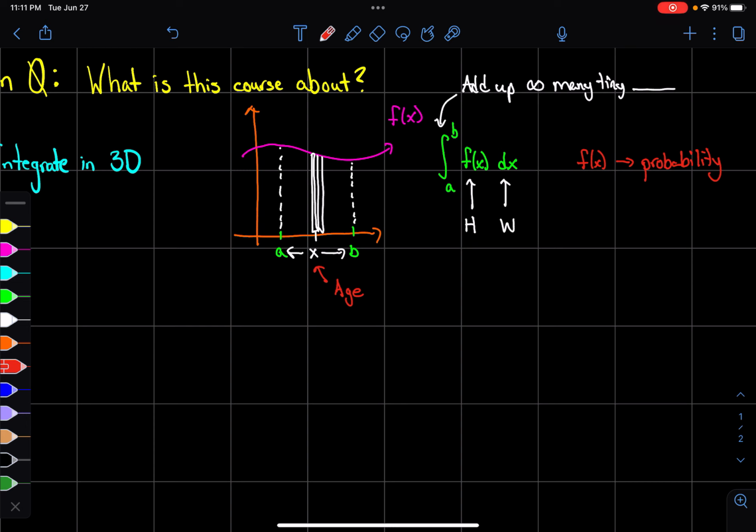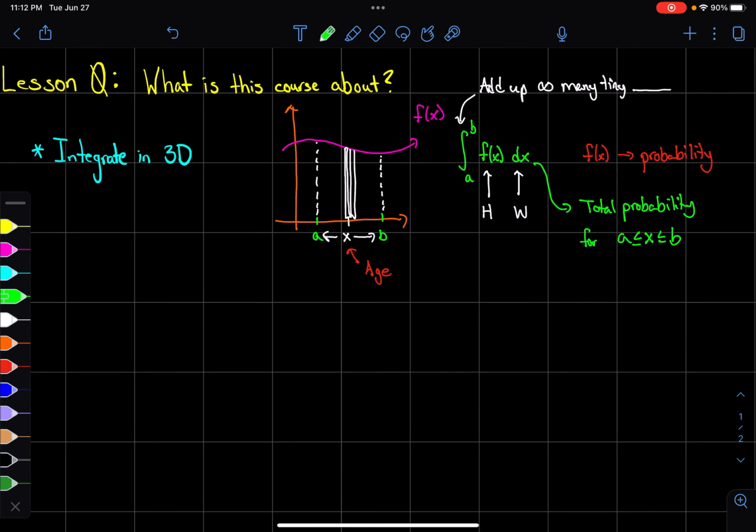Then if you do an integral over that range of age values from a to b, this integral would give you the total probability of whatever event f of x represents happening, for x going from a to b, for these particular age ranges.